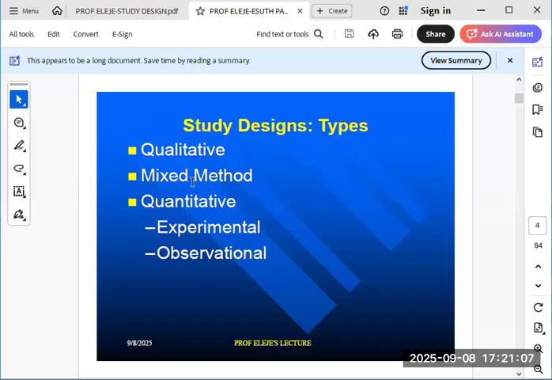I know most of you residents are more interested in quantitative design, but mixed method is now becoming in vogue, usually in grant writing and so on. Qualitative design may not be acceptable for your fellowship, but you also need to know about it.